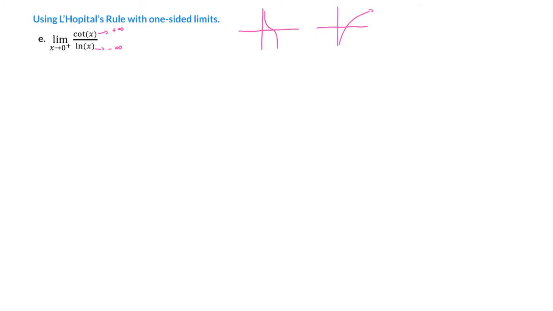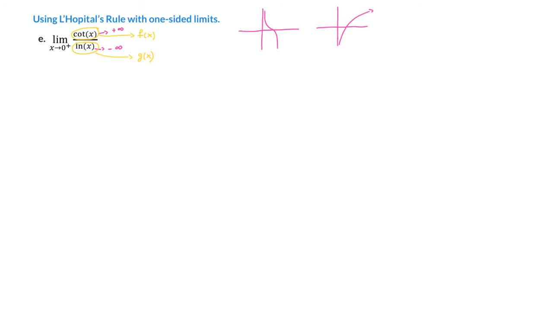So then, in order to do that, we're going to go ahead and let the top be f of x, and we're going to let the bottom right here be g of x, just as before. I'm going to quickly, informally here, just verbally, check that f, so cotangent, and the natural logarithm are differentiable in a small interval around 0.